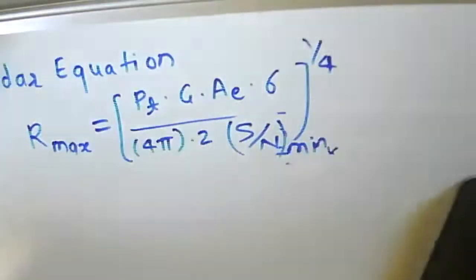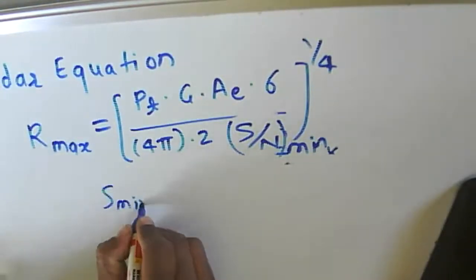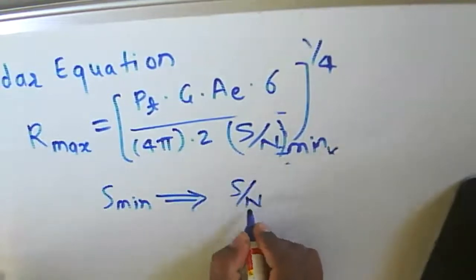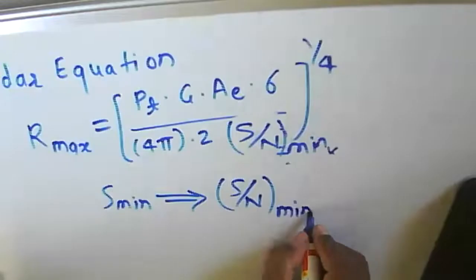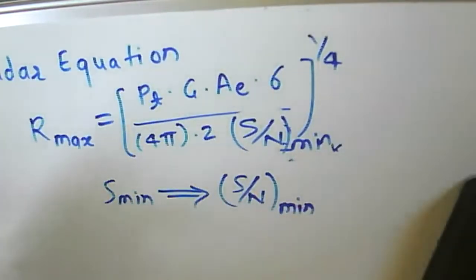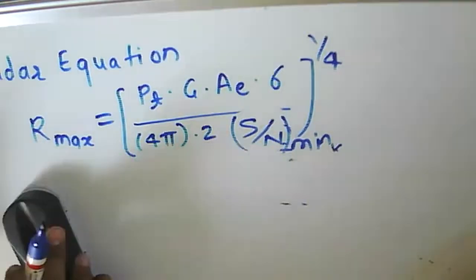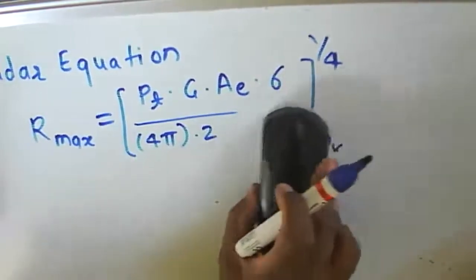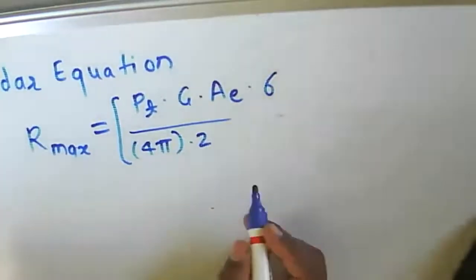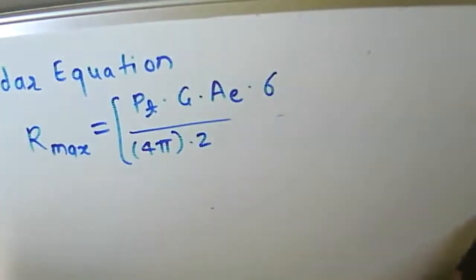We have replaced S minimum with S by N minimum. S minimum is replaced here, and we are supposed to add a term here. I forgot to write that term here.